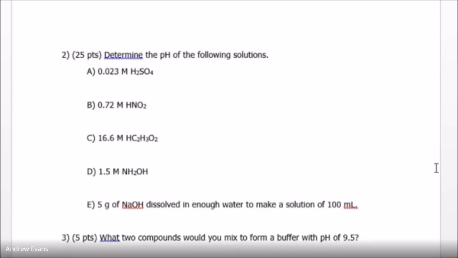So the first one is strong. It's a strong acid, 0.023 molar. The second one was a weak acid, nitrous. Let me look these up. HNO2, the Ka is 7.2 times 10 to the negative fourth.